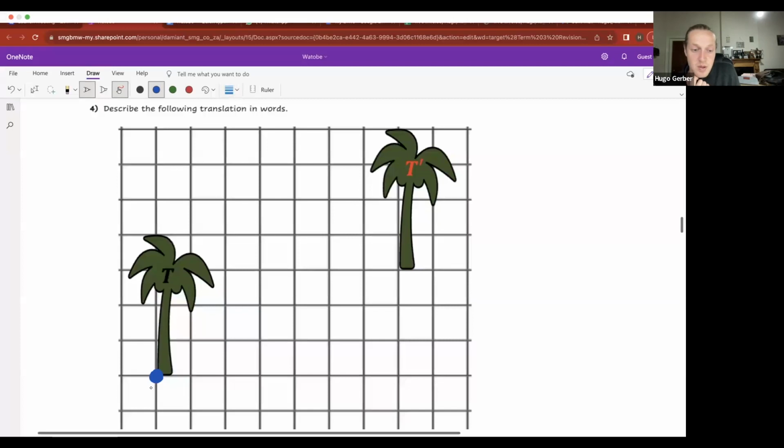We went down, we went to the right. 1, 2, 3, 4, 5, 6, 7 to the right. So I'm just going to put here a little note. This is 7. And then it moved up. 1, 2, 3. Just going to put my note here again. This is 3. And then I ended up where the T prime is.